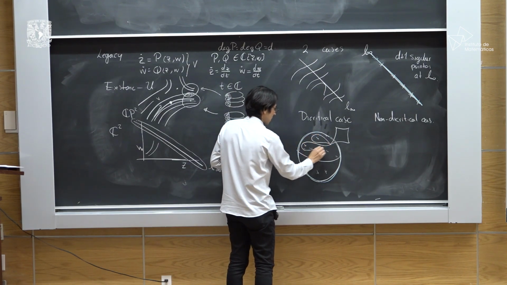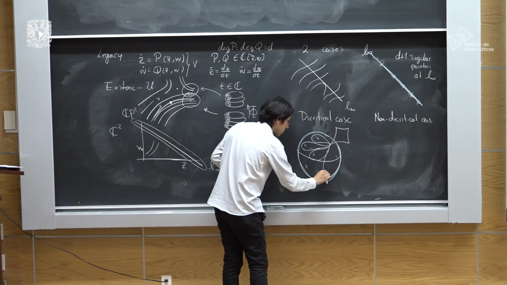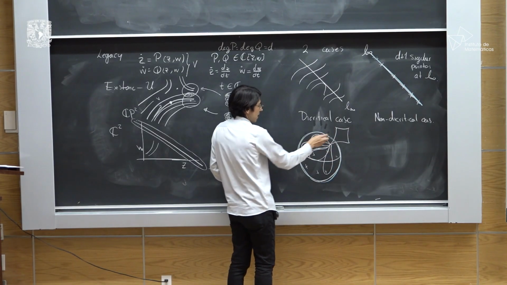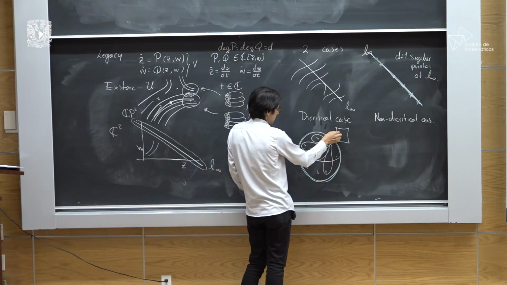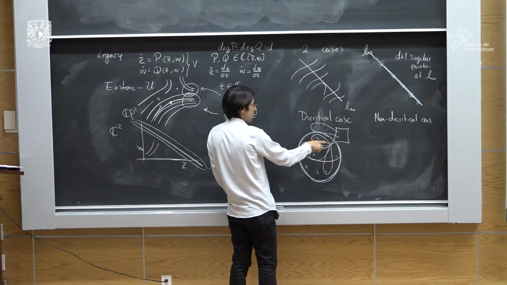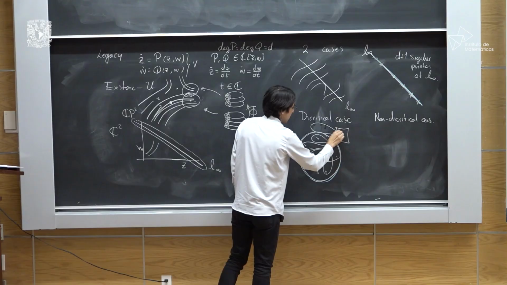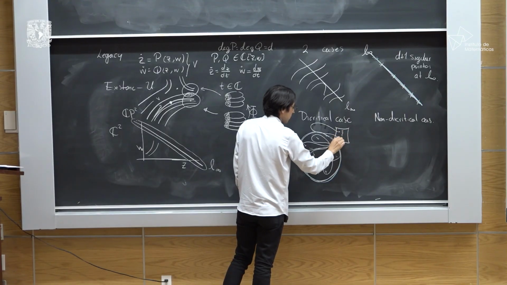Each loop of the fundamental group of the punctured sphere gives us, by lifting the loops, the monodromy transformations.